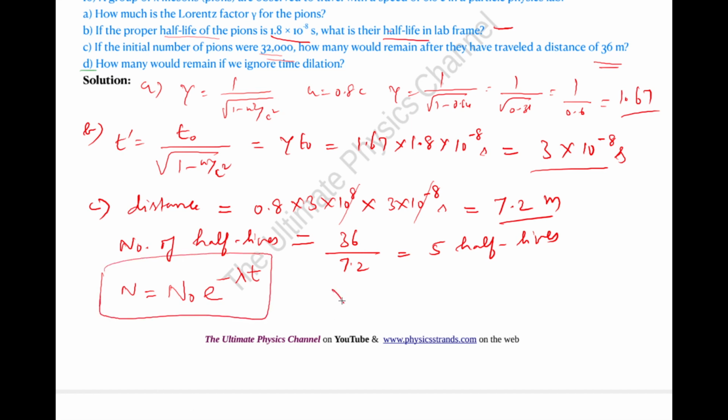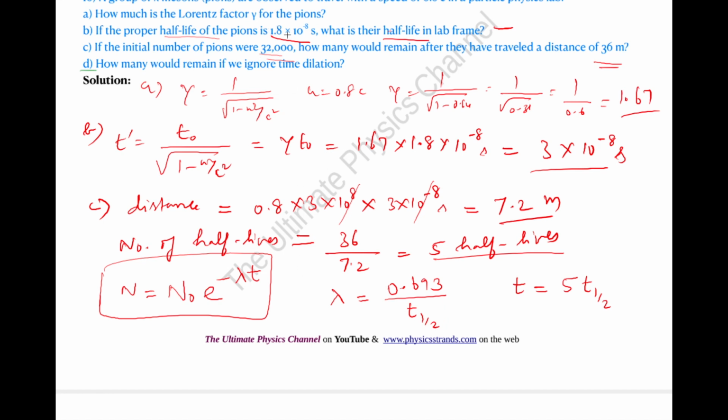In this case, the decay constant lambda would be 0.693 divided by the half-life t half. And our t is the total time elapsed, that is 5 half-lives, so 5 times t half. Okay, right. So we can plug in these numbers.